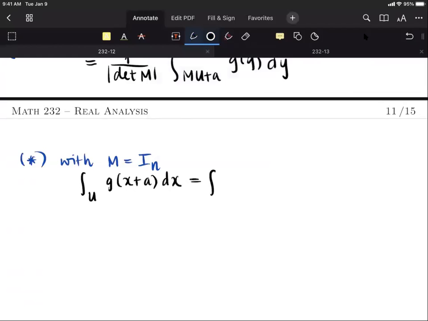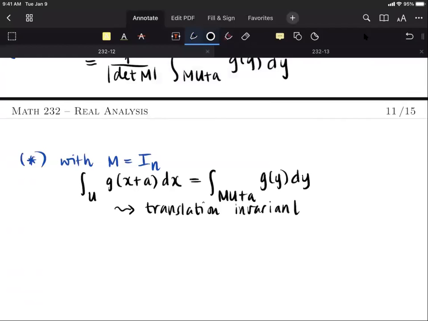So this is now the integral over U plus a of g of y dy. And this is the translation invariance of the Lebesgue integral.